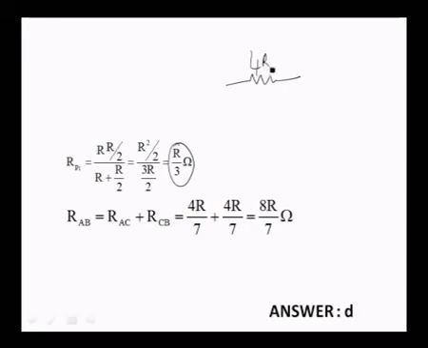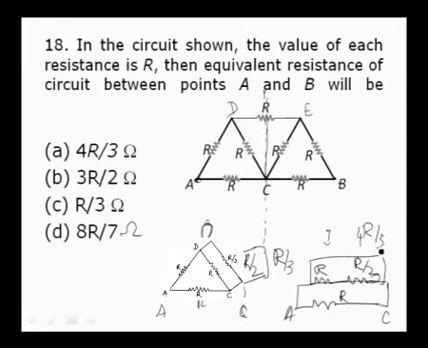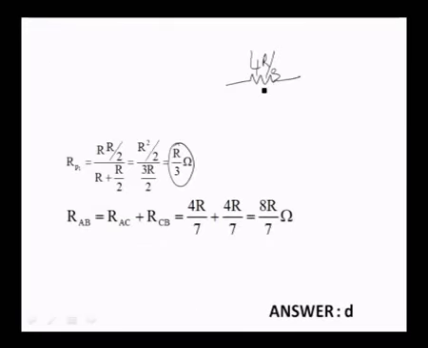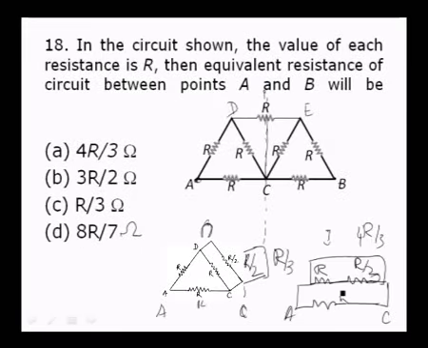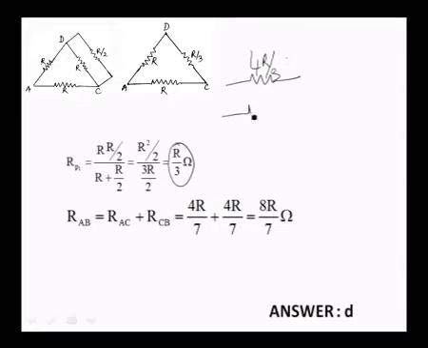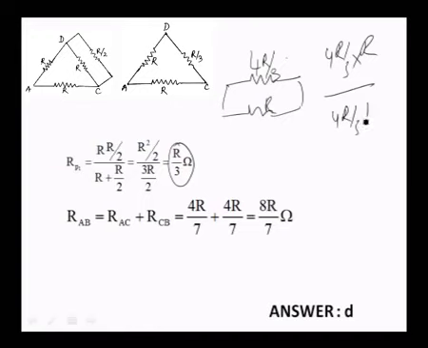This is 4R by 3, okay. This is R, this is R. Now you are going to calculate the effective resistance. 4R by 3 into R divided by 4R by 3 plus R, okay, like this.